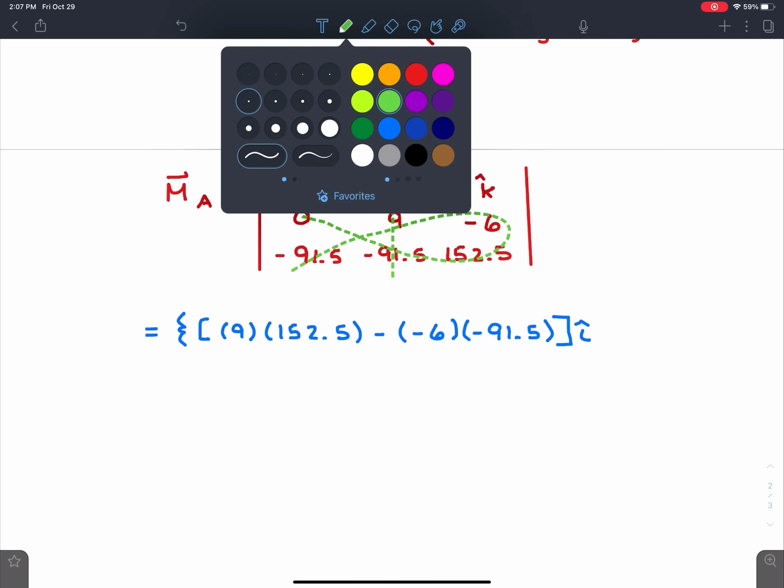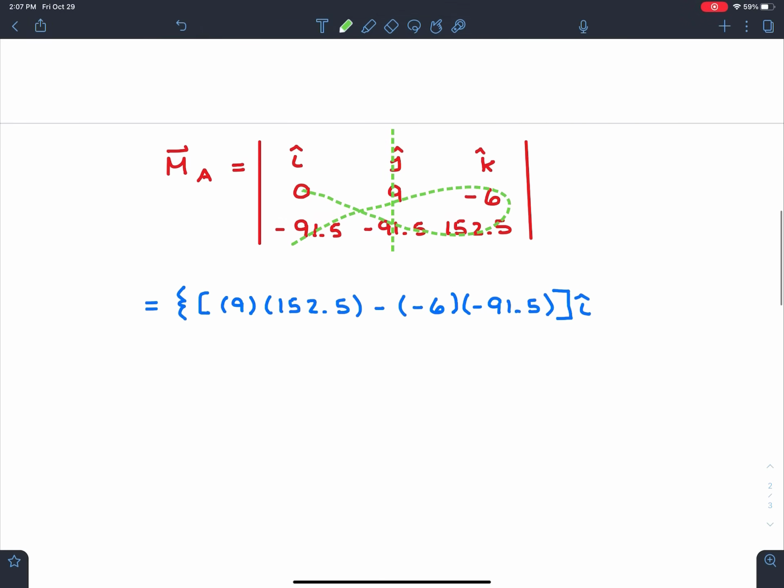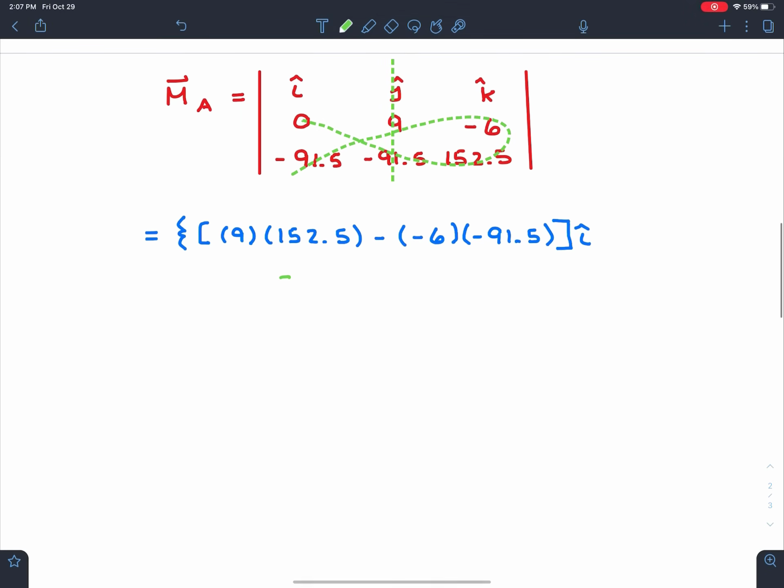I'll go back to normal and say, okay, we know, I'm just going to scroll down, that this is going to be, again, just the path of the fish. We go from 0 to 152.5. So I'm going to say, okay, 0 times 152.5, subtracted from -6 multiplied by -91.5.